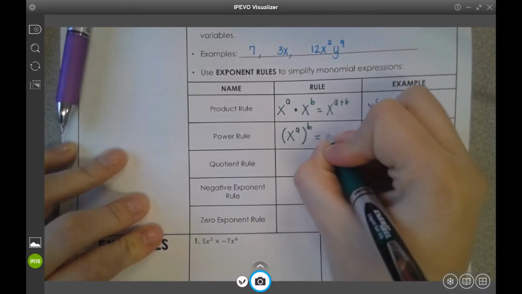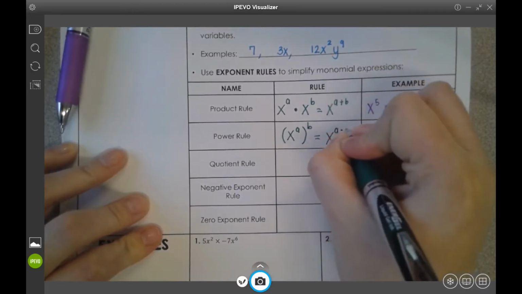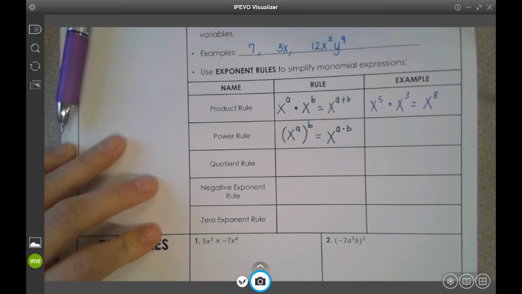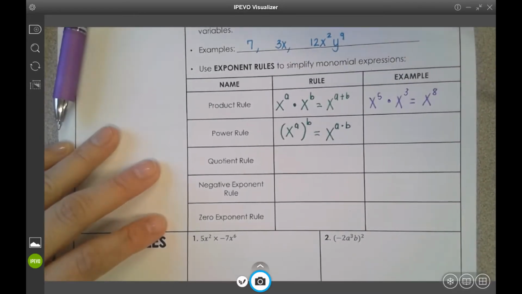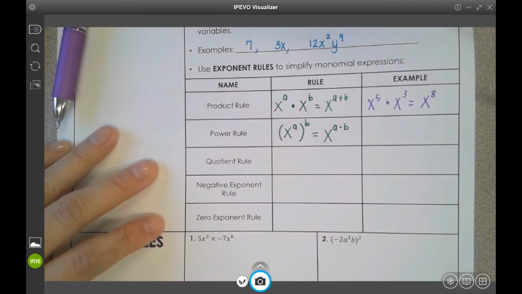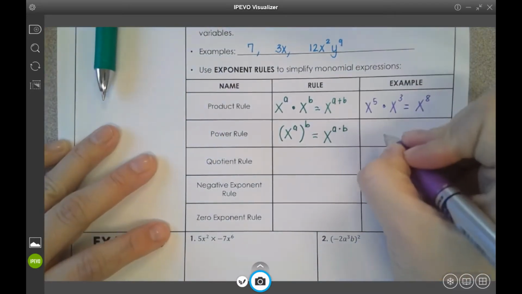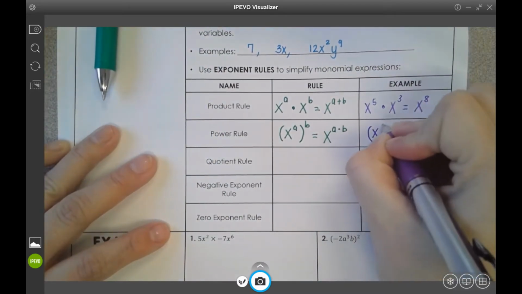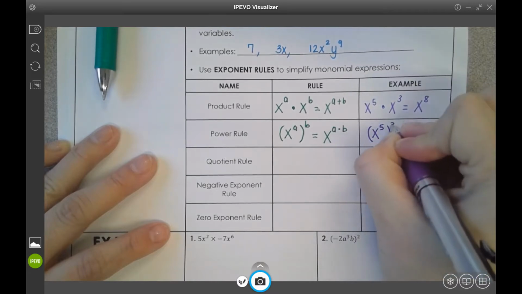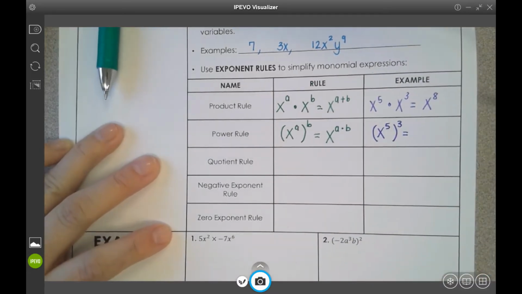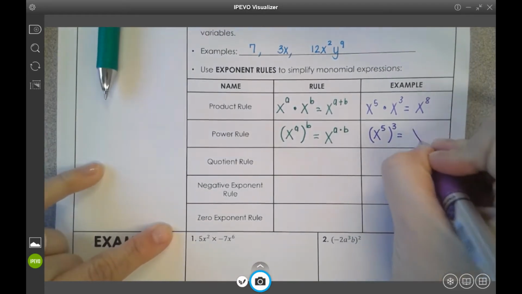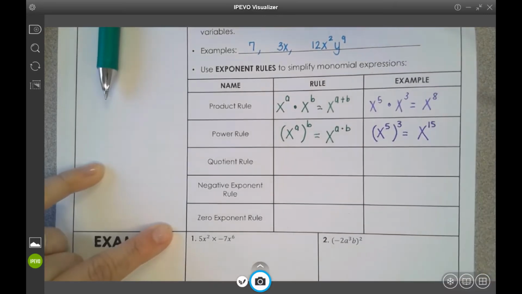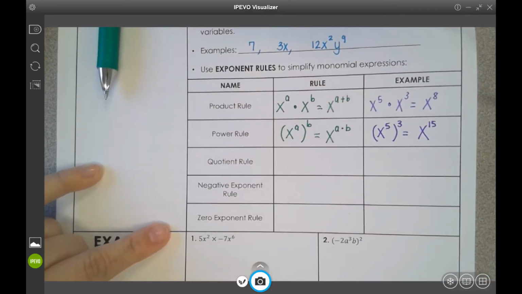In this case, you multiply: x to the a times b. So x to the 5th raised to the 3rd power would be x to the 15th, because 5 times 3 is 15.